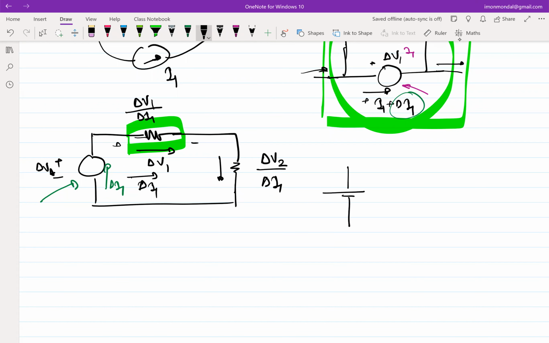It's a short, because delta V by delta I for a battery is 0. Similarly, what will be the incremental equivalent of a current source? It will be open, because delta V by delta I will be infinity. So any current source you see, the incremental equivalent is open. Any voltage source you see, the incremental equivalent is 0, and that's essentially how you replace a voltage source or a current source.